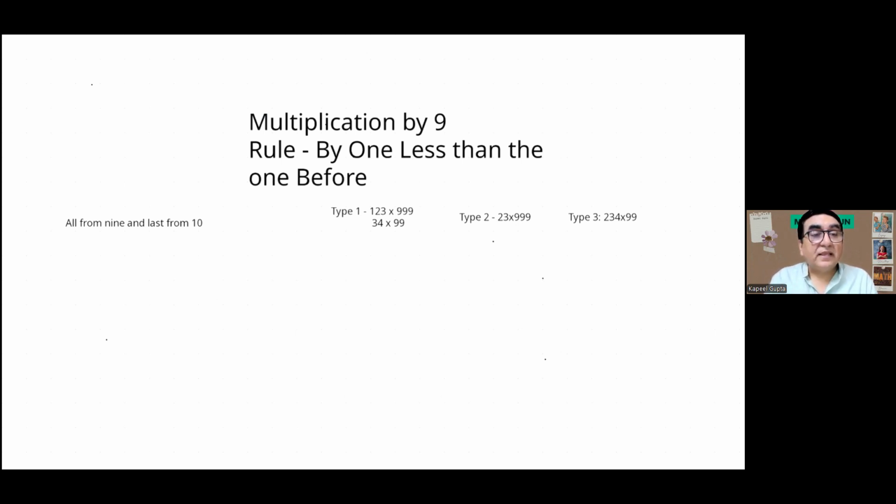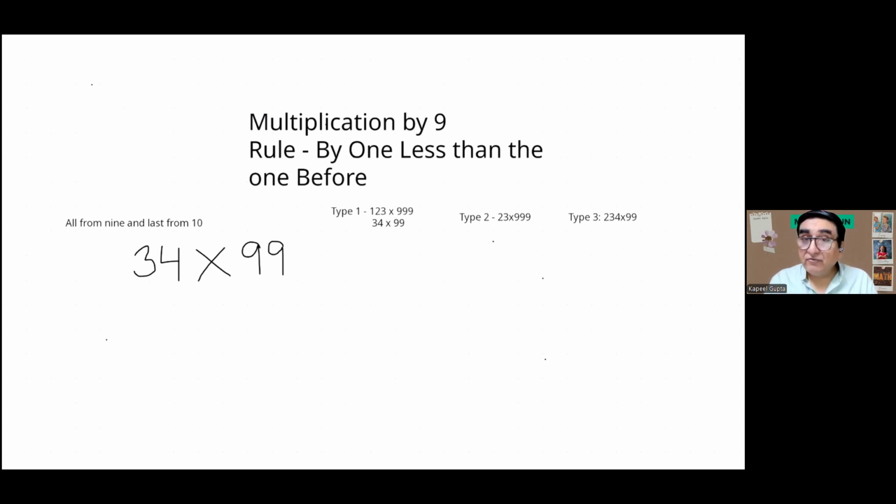So let's move on to how to actually do this. Let's say 34 multiply by 99. In fact, if you practice, you can do it orally. I'll subtract 1, because the rule is by 1 less than the one before.